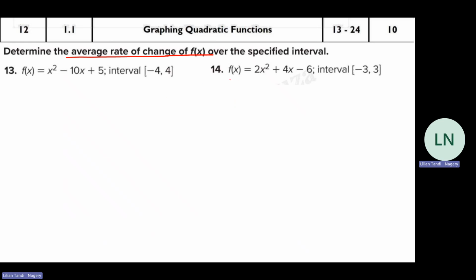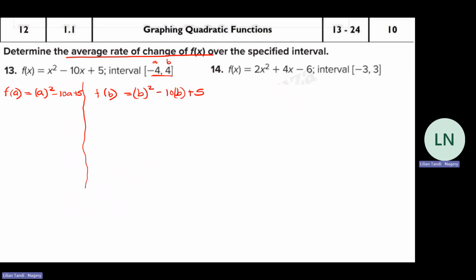So you're going to label that a, you're going to label that b. Here you're going to do f of a, and here you're going to do f of b. So this is a squared minus 10a plus 5. Here will be b squared minus 10b plus 5.